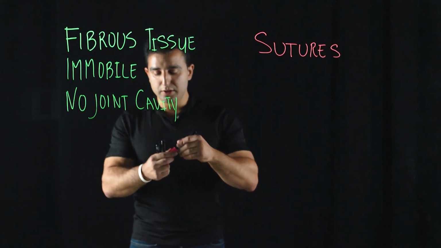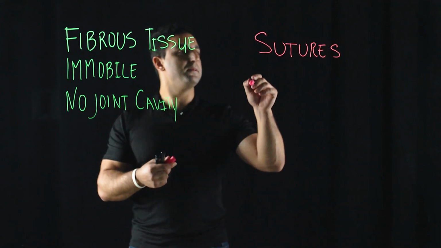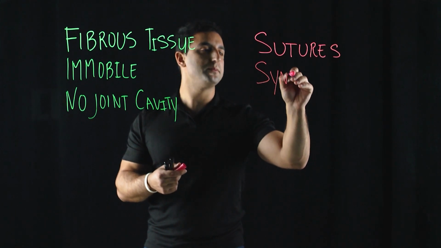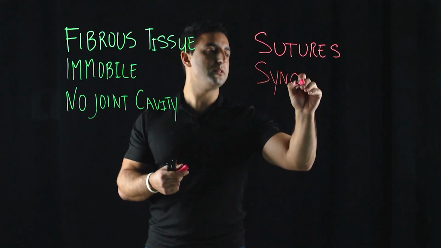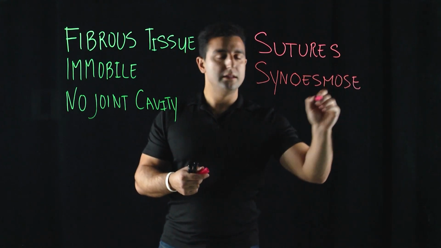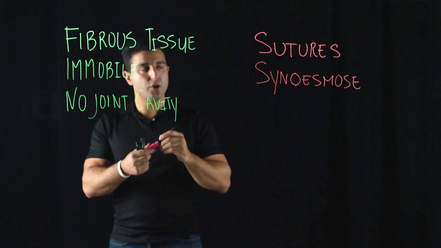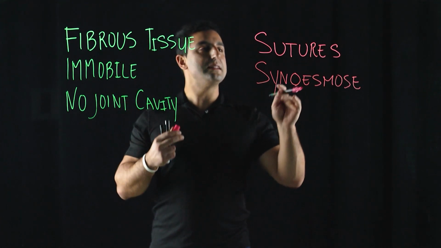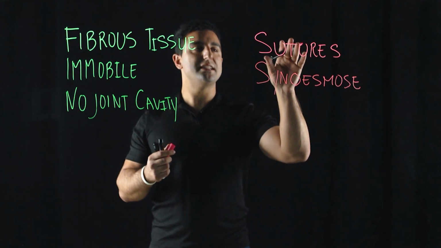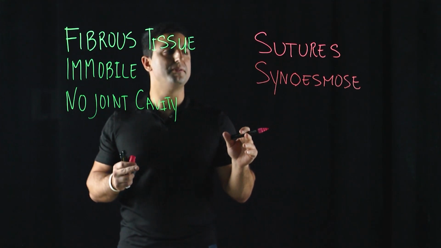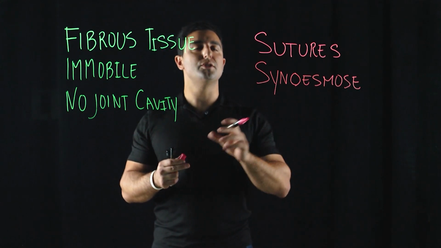All right, the next type of joint is called syndesmosis. The syndesmosis joints are similar to sutures, but they're much longer, and you can find them at the terminal edges of certain joints.